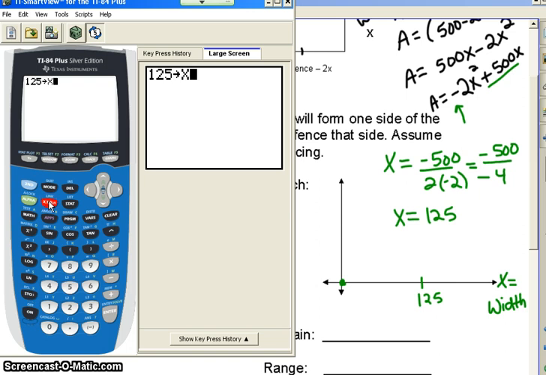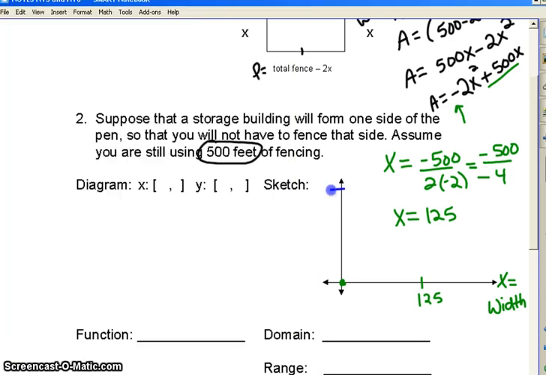Okay, so I'm going to plug that one into the calculator. 125 store x. Okay, my function is -2x squared plus 500 times x. Okay, so the vertex is going to go all the way up to 31,250. Okay, and don't forget that my other x-intercept was 250 there. So I'm going to go up and then down.